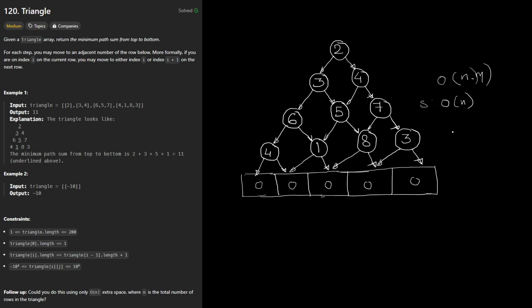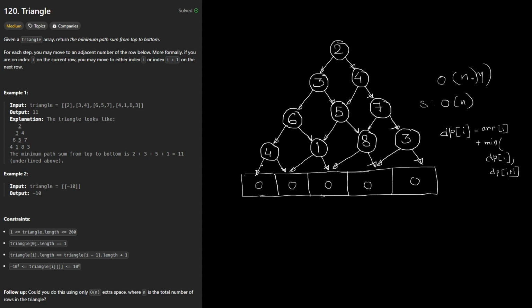Now we are already aware of the formula. Let's say dp of I is going to be equal to the current array value of I, plus the minimum of dp of I and dp of I plus 1, since it can move to either index I or index I plus 1.